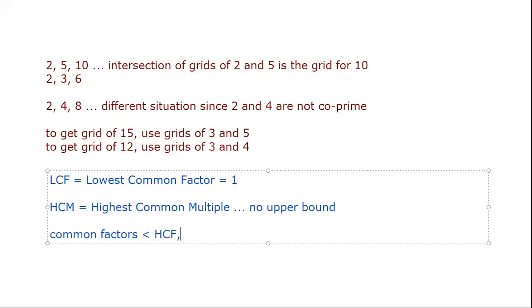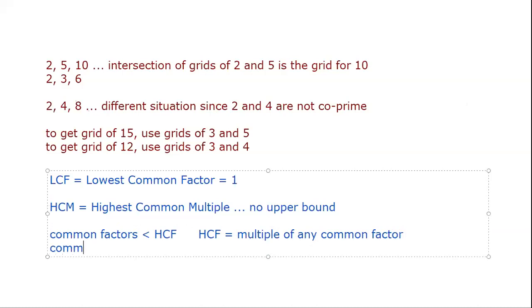Or in other words, you can say the HCF is a multiple of any common factor.